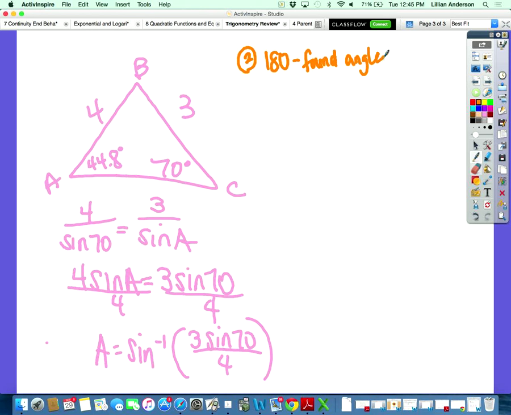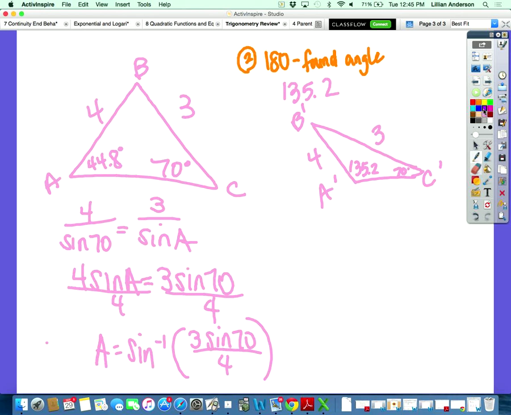So 180 minus that would be 135.2. This is the potential second angle A. C is still 70, side C is still 4, and side A is still 3.